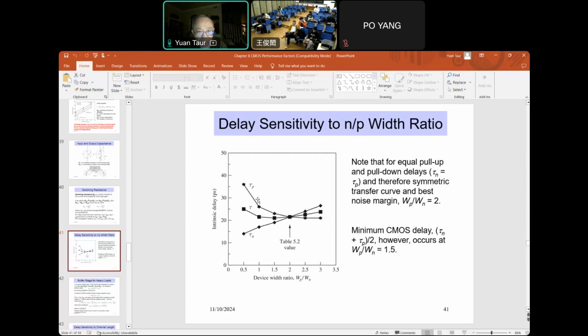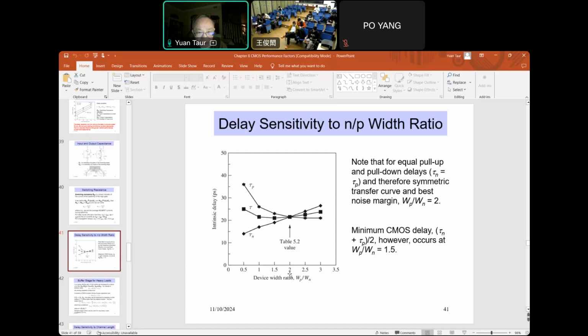So the average is tau n plus tau p over 2, and that's indicated by this square curve.